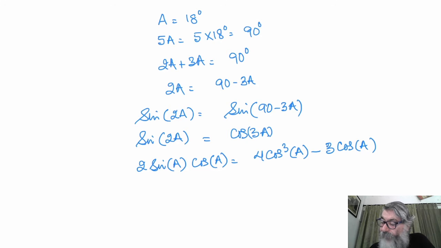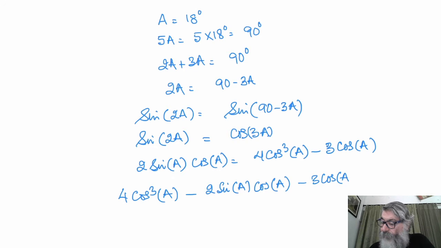Now, if I shift them, I can write 4 cos cube A minus 2 sin A cos A minus 3 cos A is equal to 0.